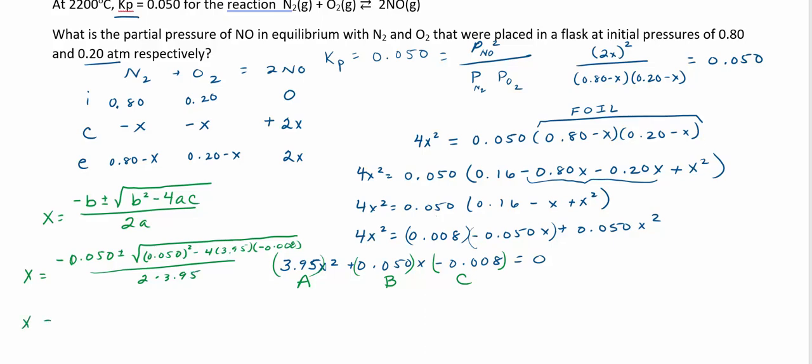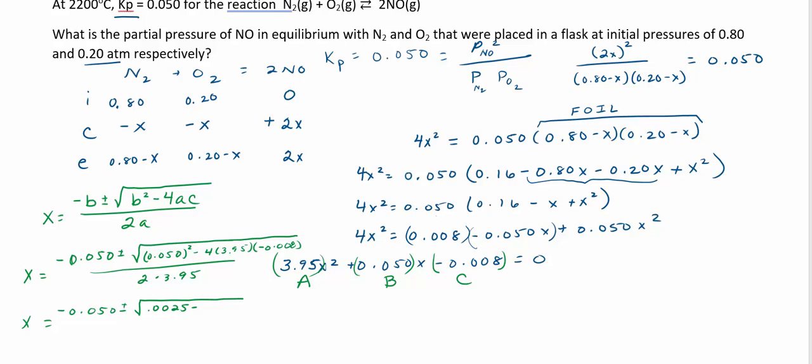So now we can solve. Now the question often arises, well, how do I know if I'm adding or subtracting? Well, the answer is you're going to do both. So I'm going to try to do this stepwise in order to allow you to check your work as you go. So 0.05 squared is 0.0025 minus, and I'm going to multiply 4 times 3.95 times 0.008.